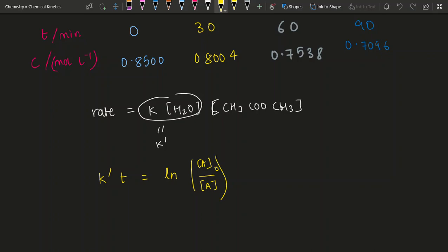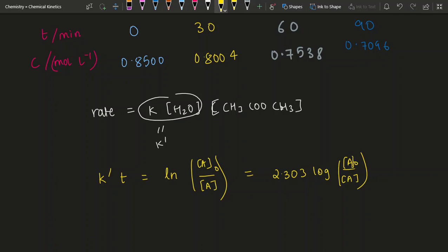That is one way of representing this. And we had also talked about that you can write the natural log as 2.303 log of a naught over a. Both of these are equivalent ways of writing what you have.